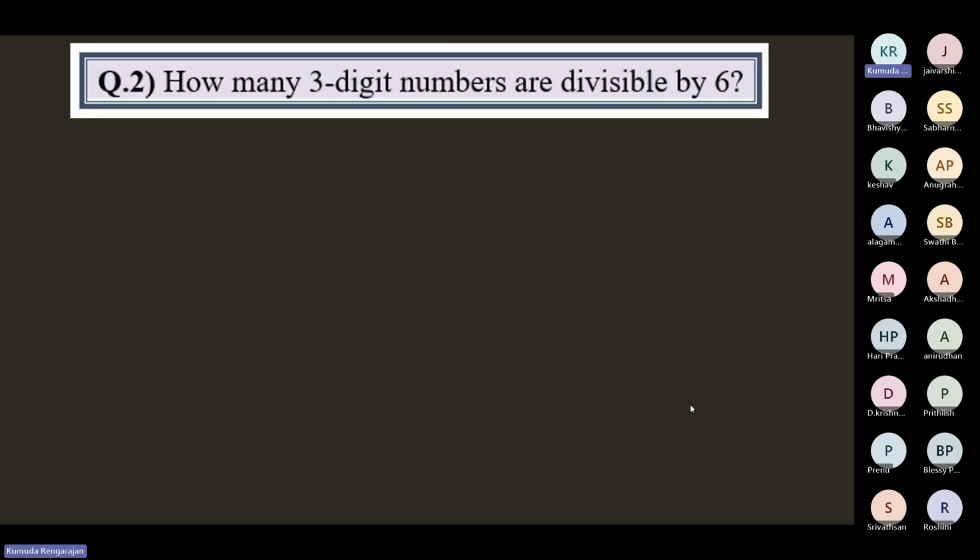All right. How many 3-digit numbers are divisible by 6? How many? You don't have to find the sum. The question is not to find the sum of all the 3-digit numbers divisible by 6. Just how many? So what's the first 3-digit number divisible by 6? 102. Lovely. And what's the last? 996.